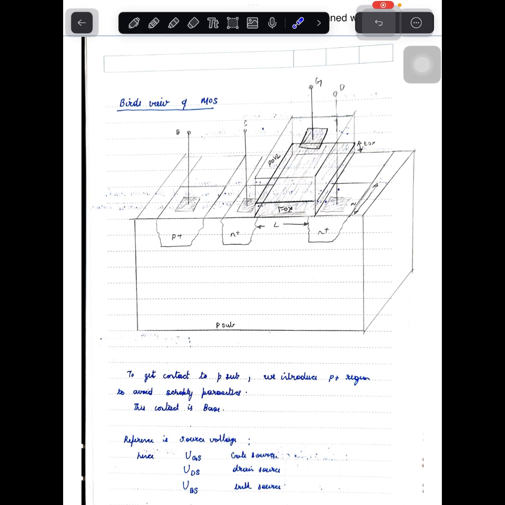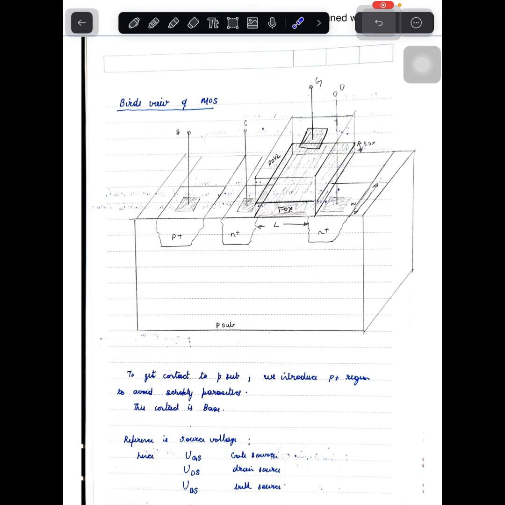Below polysilicon there is a FOX layer, that is the field oxide layer. It is generally silicon dioxide. It is an insulating layer, meaning it does not have any free charge carriers, so it does not conduct. And the thickness of this insulating layer is called TOX.